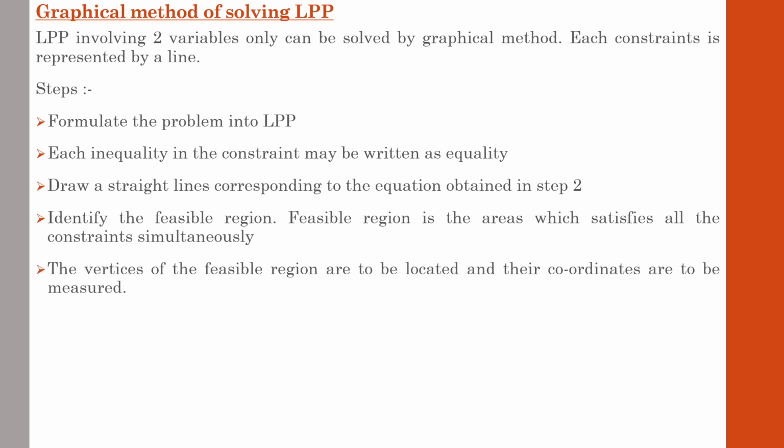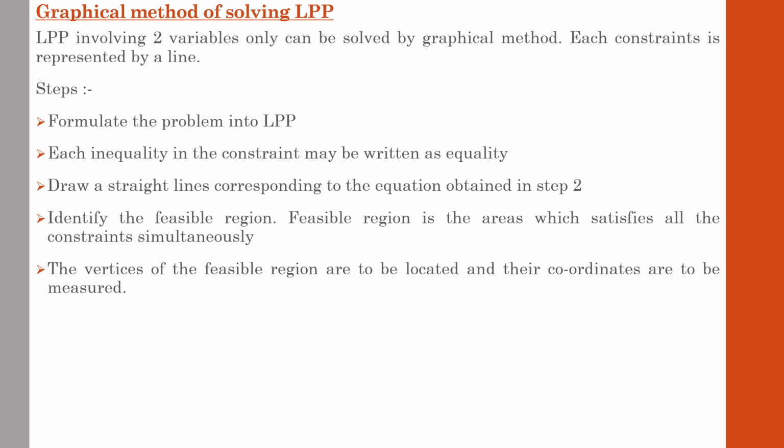The vertices of the feasible region are to be located and their coordinates are to be measured. That means once you have found the feasible region, you need to consider each corner point of it. For example, if you have a rectangle type of feasible region, we know that a rectangle has 4 sides and 4 points.